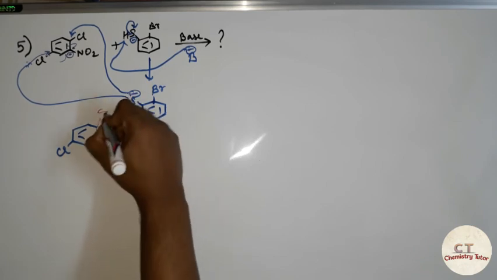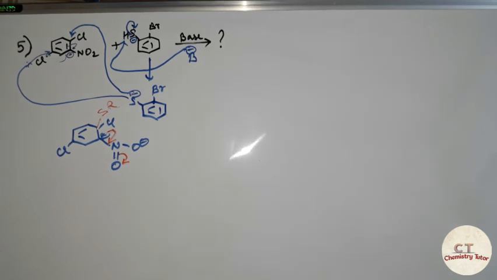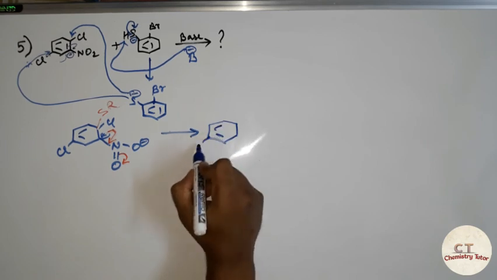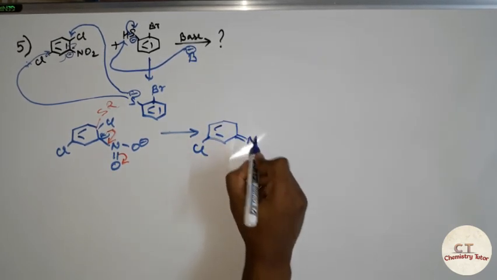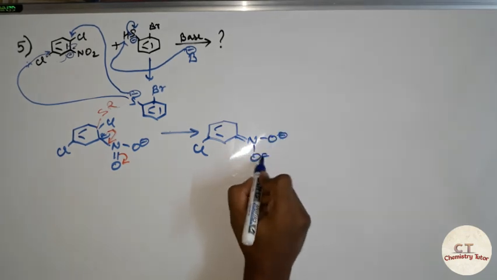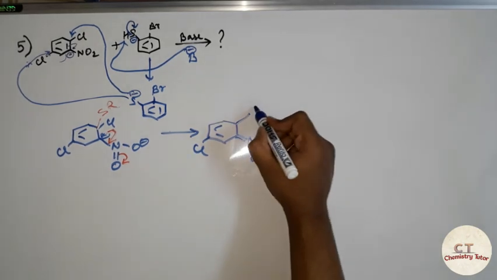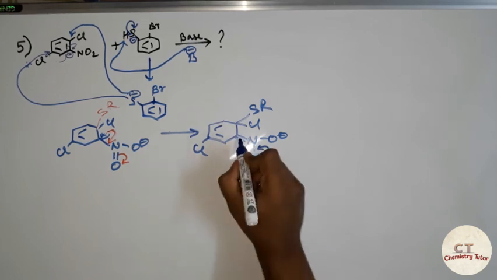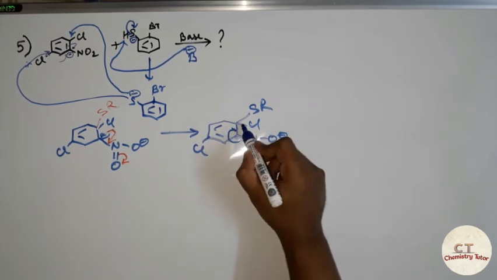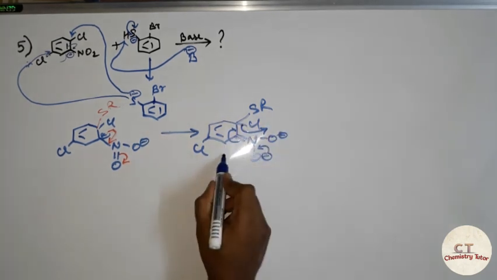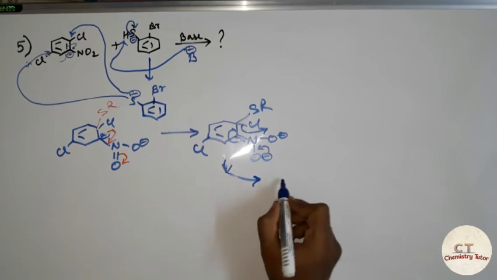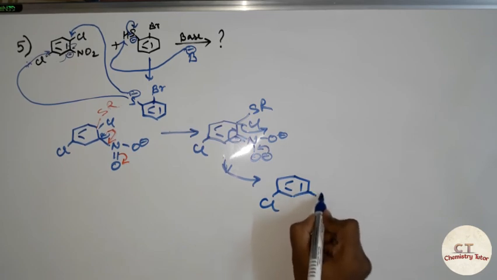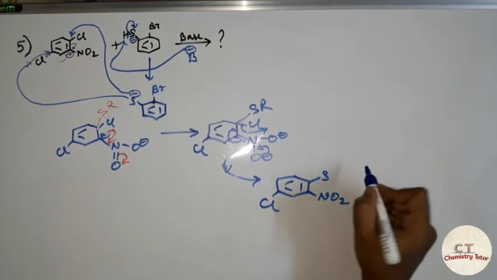Here there is S, and that group I am writing as R. Okay, thus it will give us our product as, it is going to be first a double bond and O minus, S. I am writing S and the whole group as R. Okay, and there is a chlorine, and then in the next step this negative charge will get here and the aromaticity is again regained in the system, and chlorine being a good leaving group, it will leave and it will give us NO2 and S. Now I am writing the whole structure.